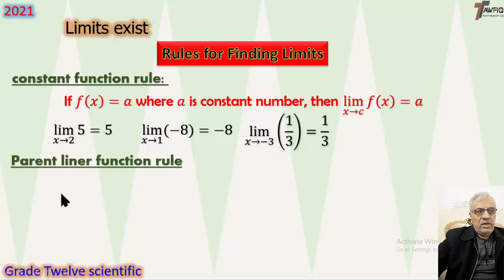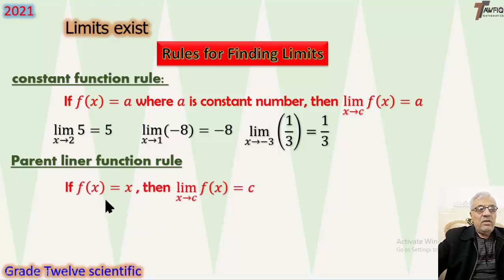The second rule is the parent linear function rule. If f(x) is equal to x, then the limit when x approaches c of f(x) is c. As you can see, we replace c in place of x, and it becomes c.